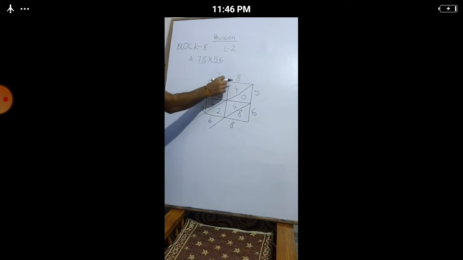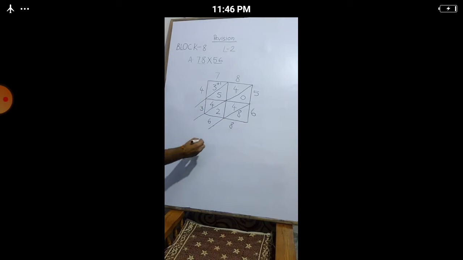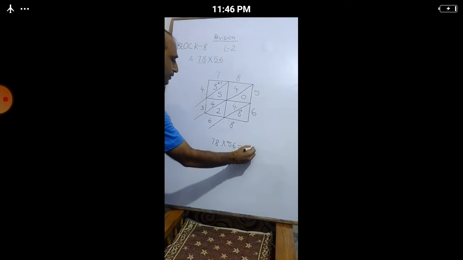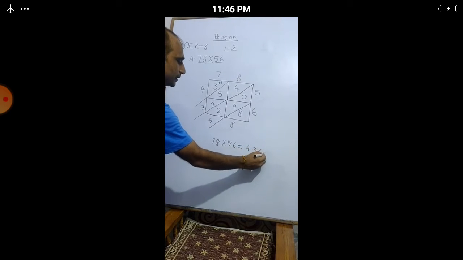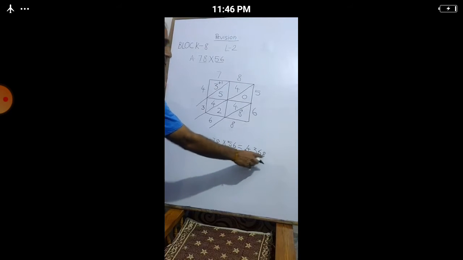Here 3 plus 1 is 4. So our answer is 4 3 6 8. So 78 into 56 is equal to 4368.